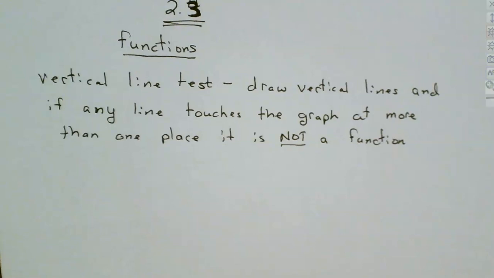In chapters 4 and 5, when we talk a little bit about logarithms and exponentials, we'll have the horizontal line test. That's a later chapter. We're now just going to look at the vertical line test. So I'm going to give you some graphs. We're going to find out if it's a function or not. And then we'll also discuss the domain and the range.